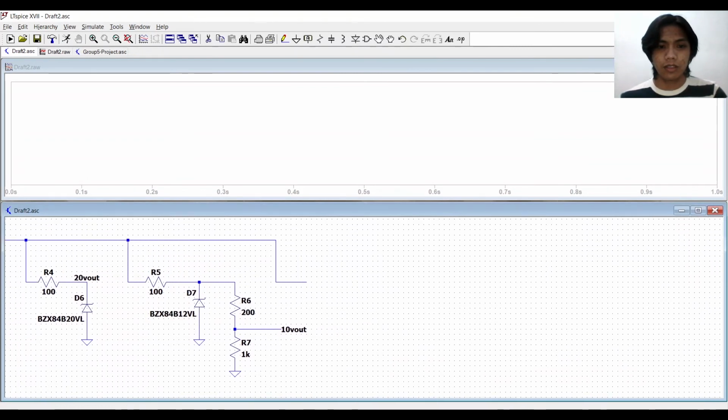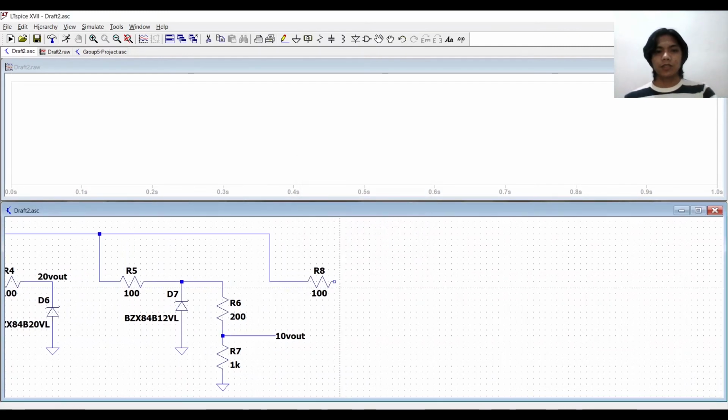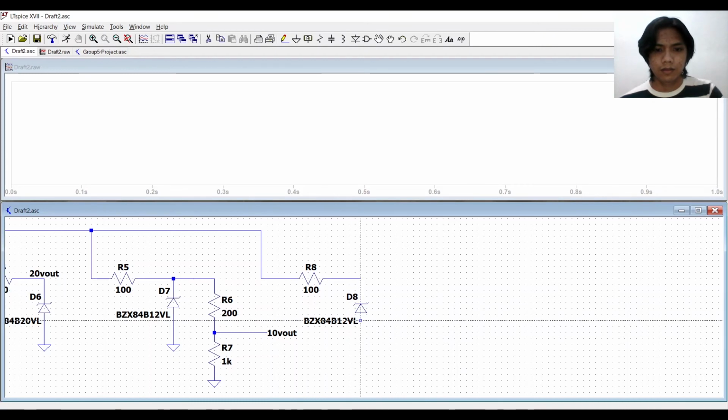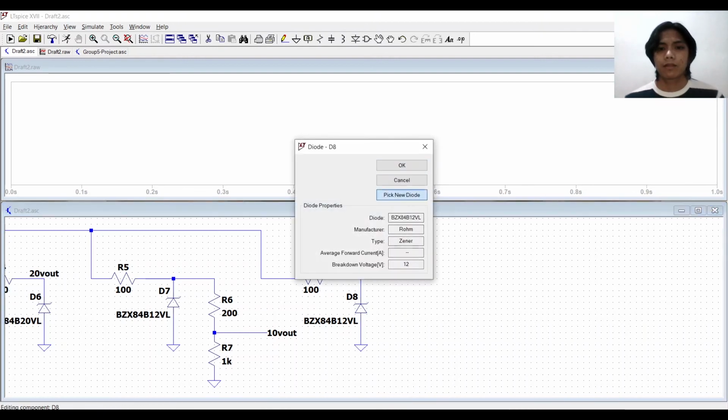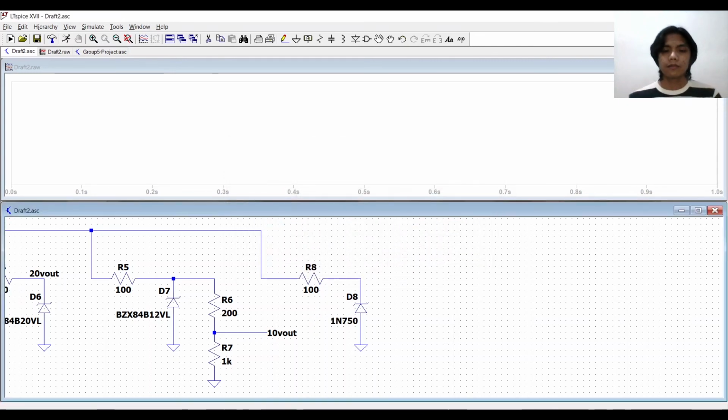So now it is time to do the 4 volts output. I will just be copying this. Although we would have to replace the Zener diode.